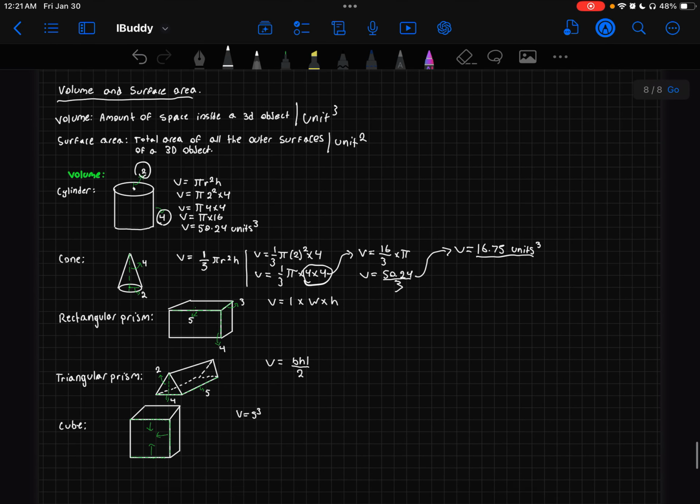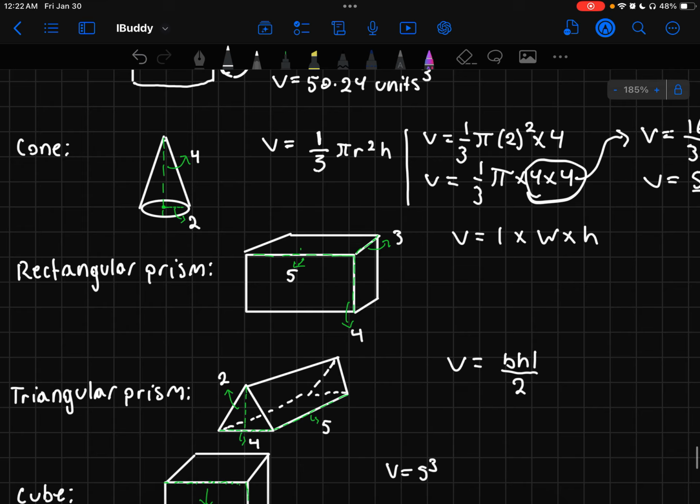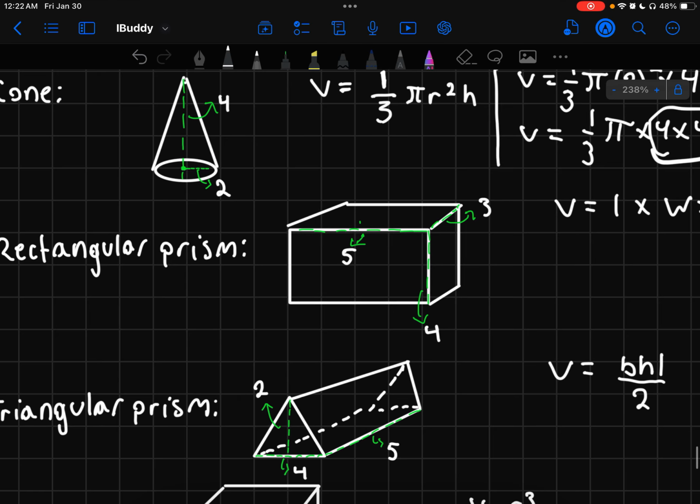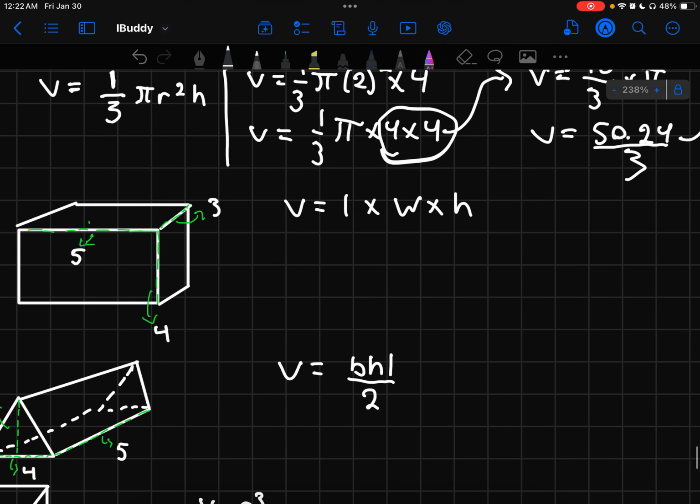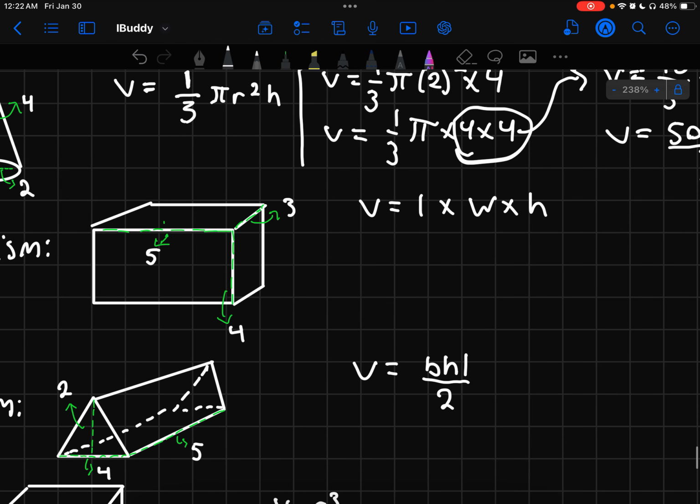Okay, so now moving on to the rectangular prism. So the formula to solve the volume of a rectangular prism is the length times the width times the height. So we can see here that the length is 5, the height is 4, and the width is 3. So we can just plug that in.